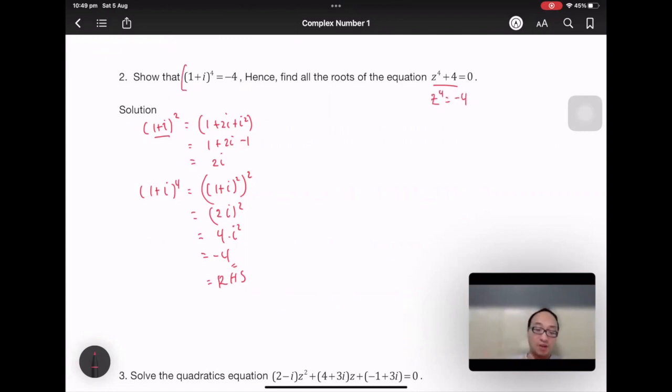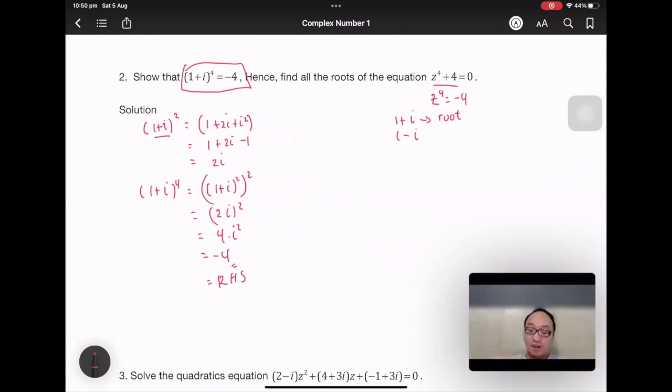And from this, we know that 1 + i is one of the complex roots of the equation. So that means the other root should be 1 - i, because complex roots always come in pairs with the complex conjugate.